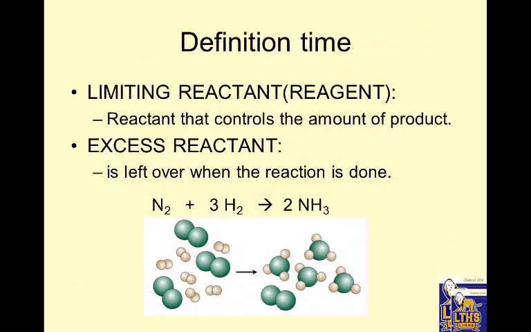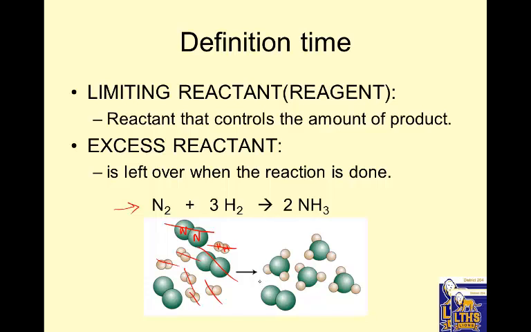Okay, so here's some more definition stuff. The limiting reactant or reagent is a reactant that controls the amount of product. The excess reactant is the leftover reactant when the reaction is done. So some of the excess gets used up, but some of it gets left over. So here's a balanced equation, and these represent the nitrogen, these represent the hydrogen. Every time one of these gets used up, we need to use up 3 of those.